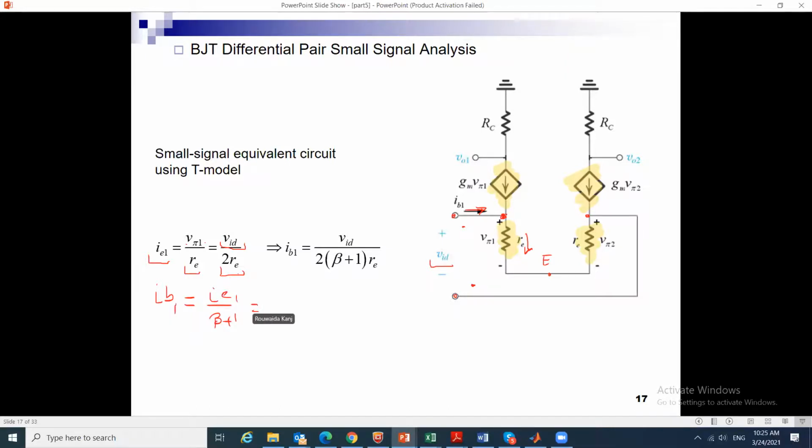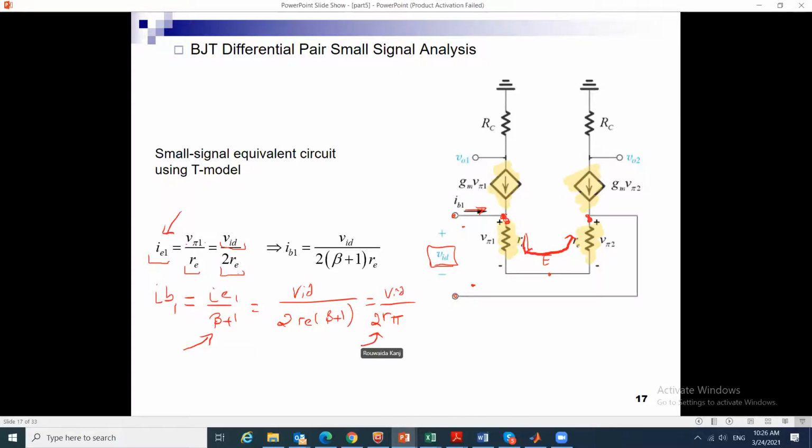Okay, so this means it's equal to VID, pardon me, over 2 re into beta plus 1, but re into beta plus 1 is what? R pi. Okay, so by the fact that the same current flows in this branch, and by the fact that the voltage from here to here is VID, I am able to find IE, and then I'm dividing by beta plus 1 and I'm finding IB.